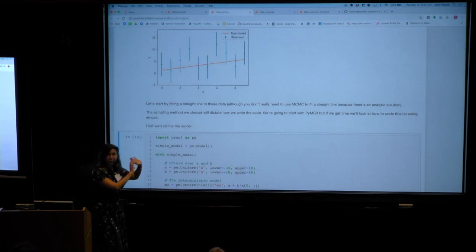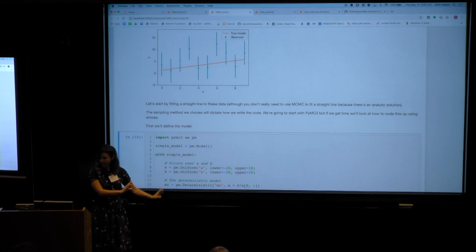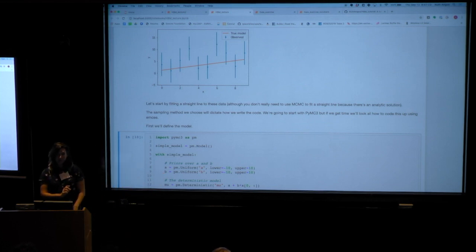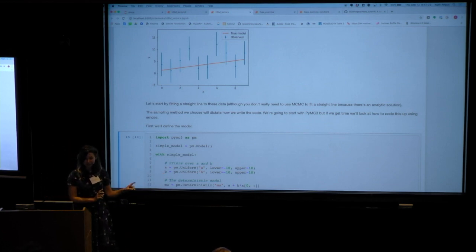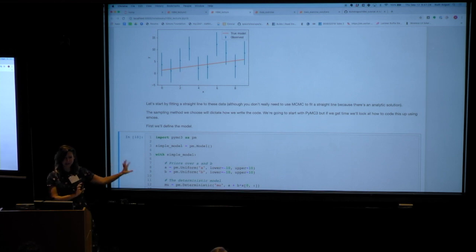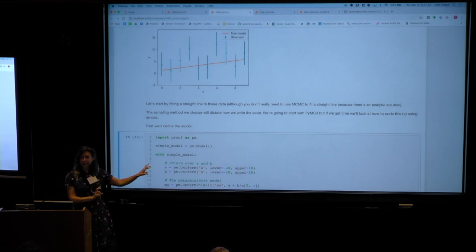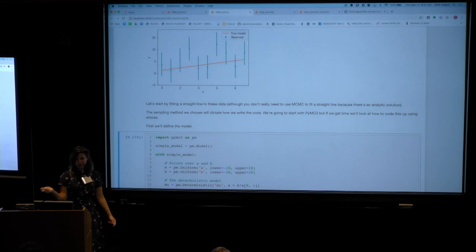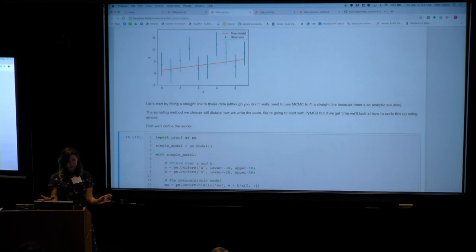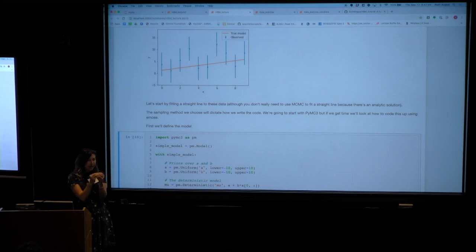We're going to now try and infer what the line should be from these data using PyMC3. In this case, this is a very trivial example of linear least squares. You don't need to do MCMC to fit this simple model because there's an analytic solution, but it's useful for us to just build up from a small pared down version. It's much easier to build up from there.